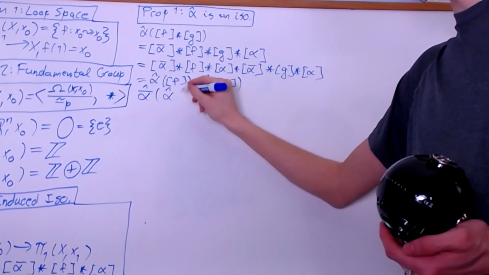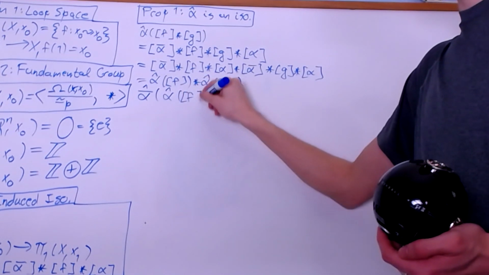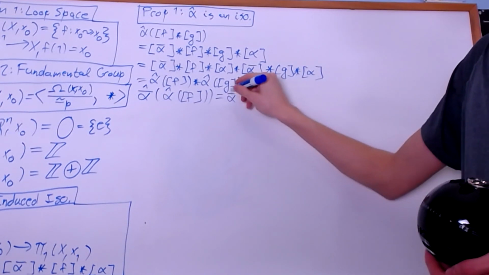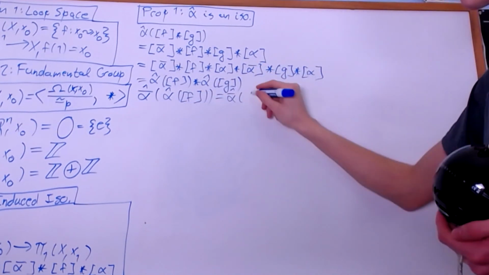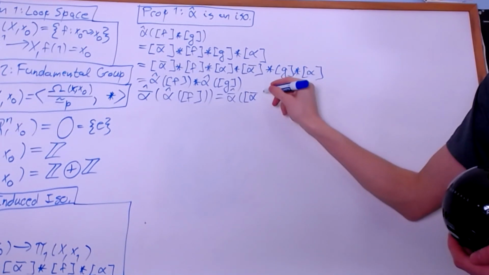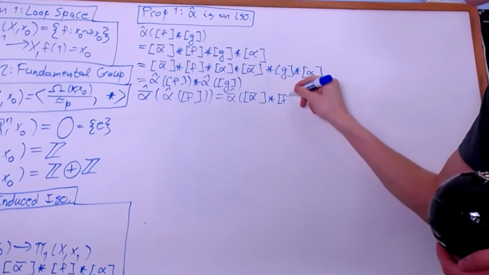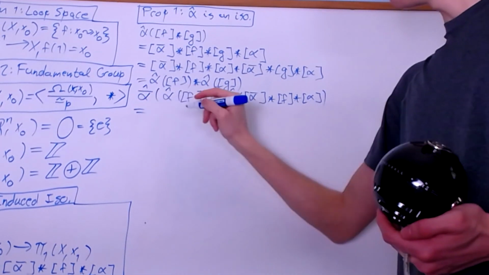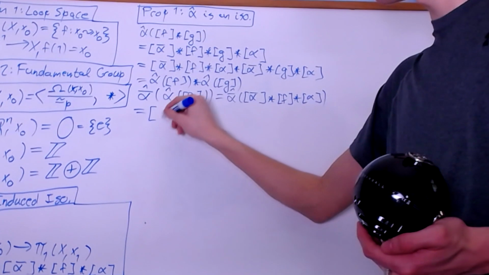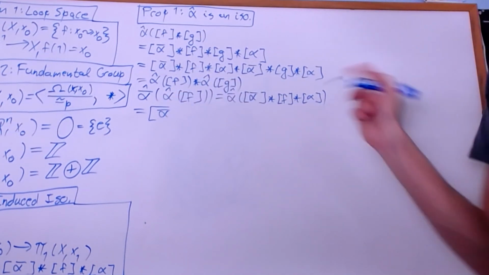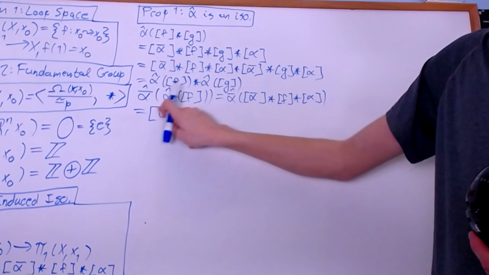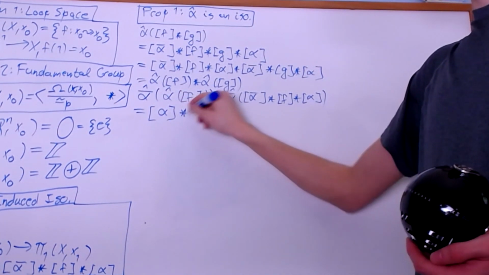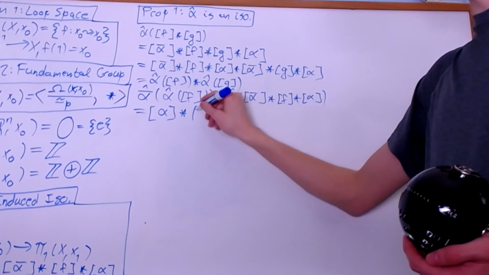Alpha bar hat of f is going to be equal to, by definition, alpha bar star f star alpha, which is equal to, by definition, we're going to have alpha bar bar, which by the previous video I showed is just alpha. And then we star that with what was inside that we plugged in.